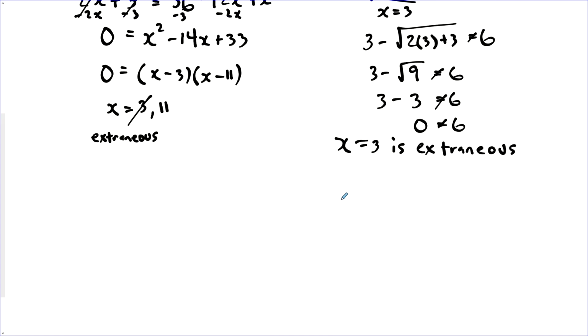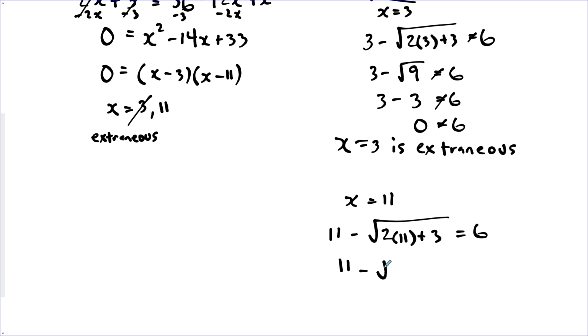We've got x equals 11 now. 11 minus the square root of 2 times 11 plus 3 equals 6. 11 minus, that's 22, 22 to 25. And 11 minus 5 does equal 6. And so 11 is a good answer, a good solution, and our only solution to this equation in this case.